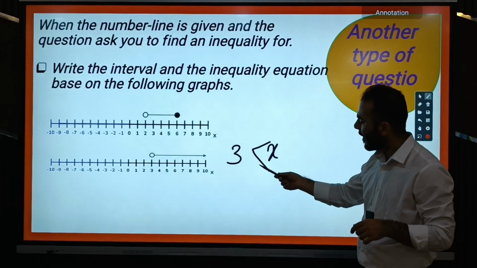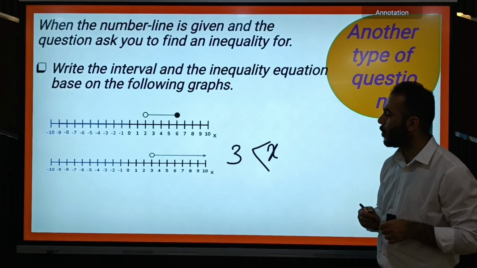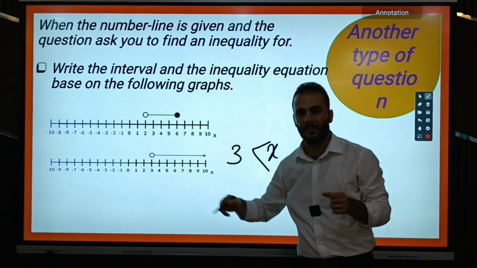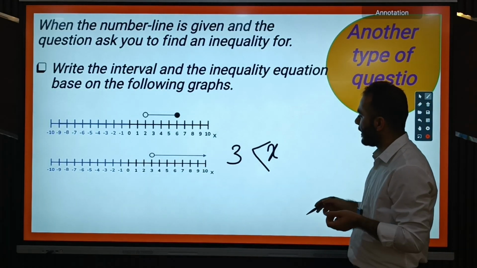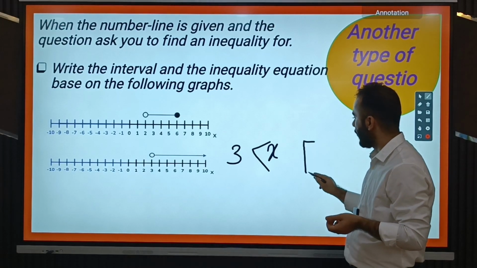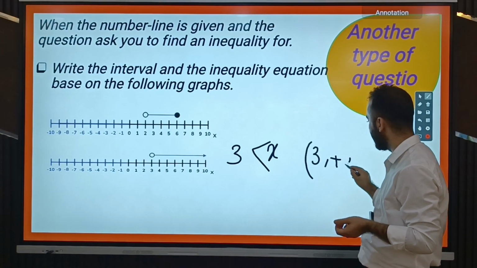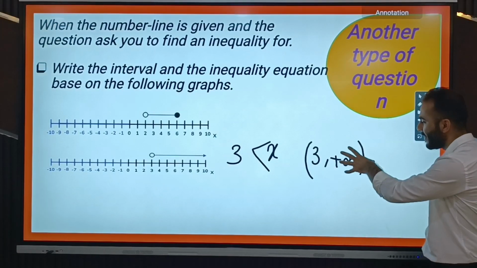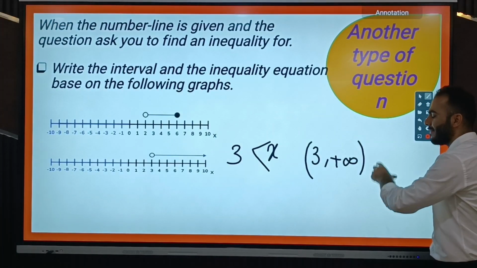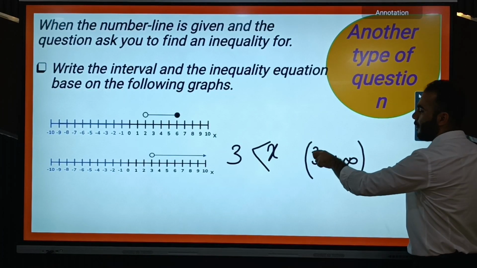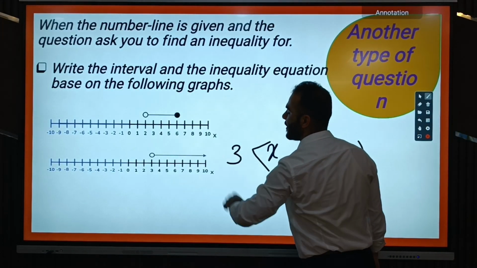So are we going to write equal under this inequality symbol? No, because the circle is empty. And as an interval, you are going to write from open 3 to positive infinity. For infinity, we always have an open interval. And why do we have open here? Because the circle is empty.